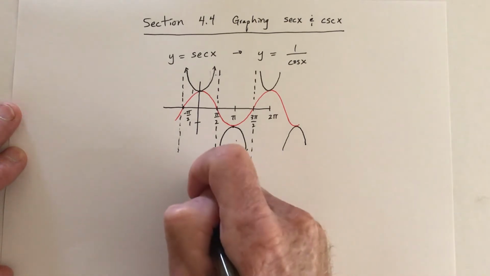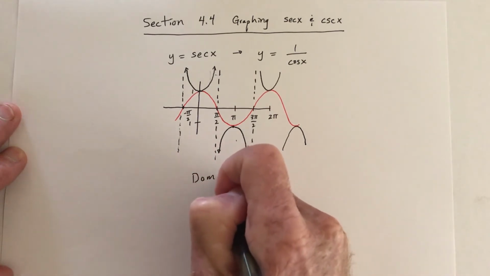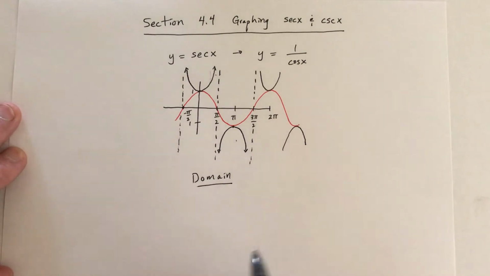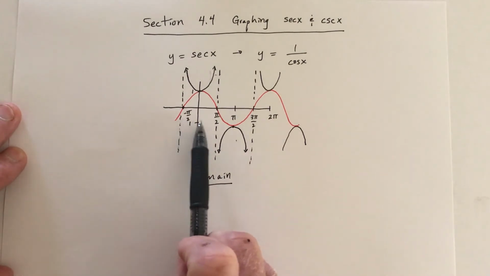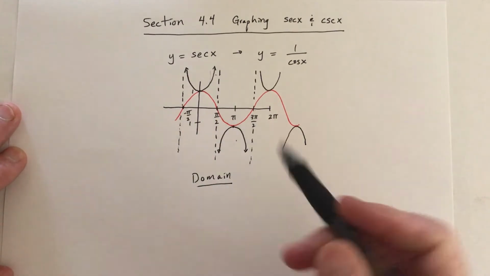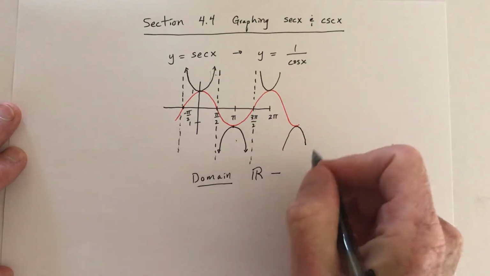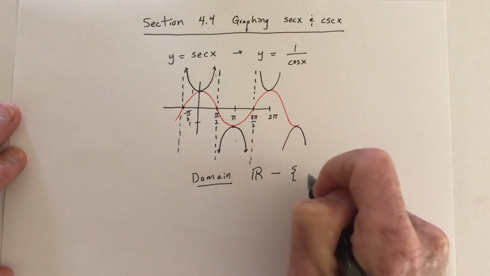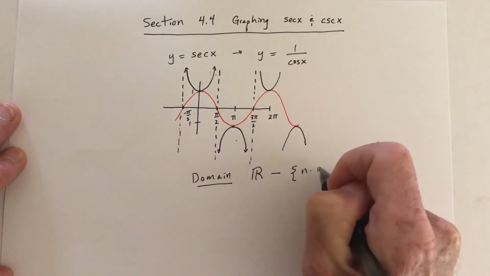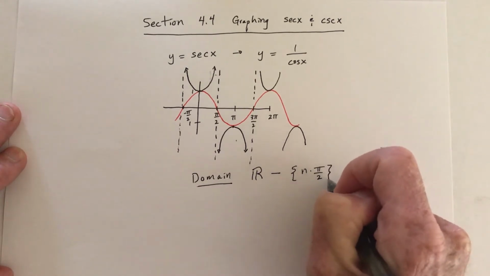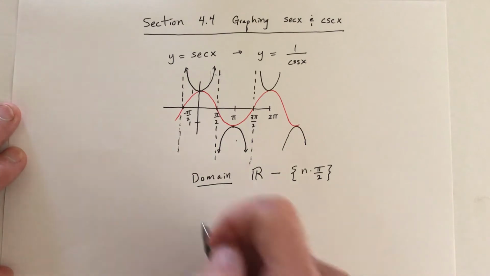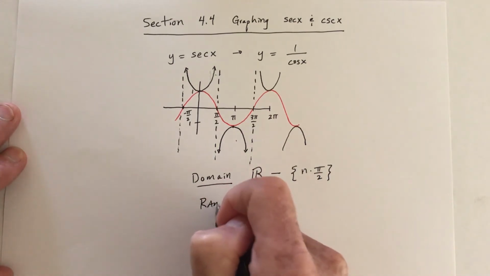So the domain, well, it would be all real numbers except for these multiples of pi over 2. So you could say it would be the real numbers, except you subtract out the multiples of pi over 2. And then what about the range?